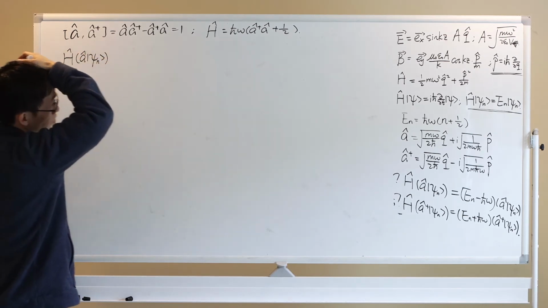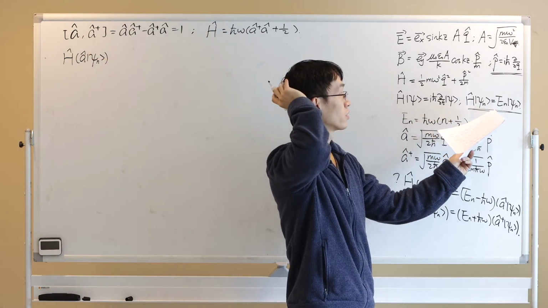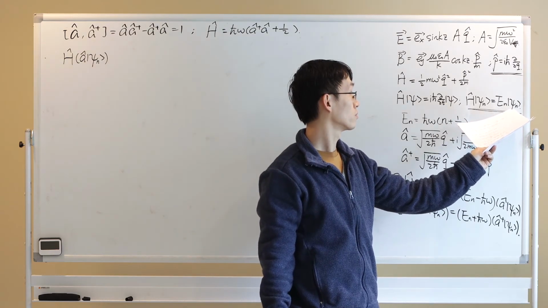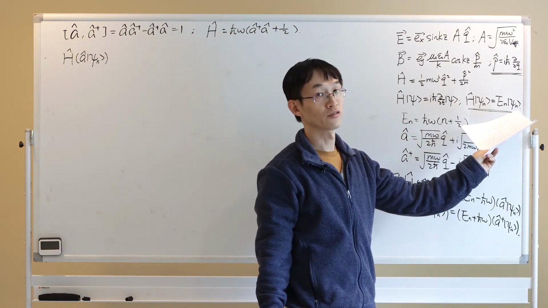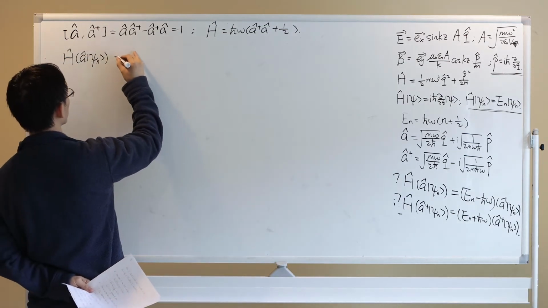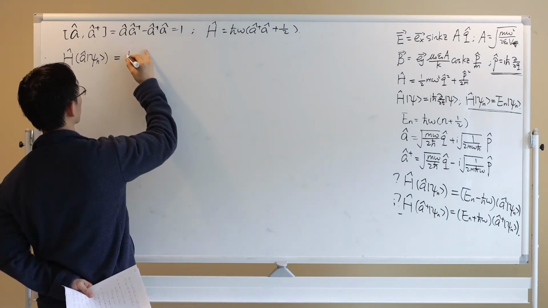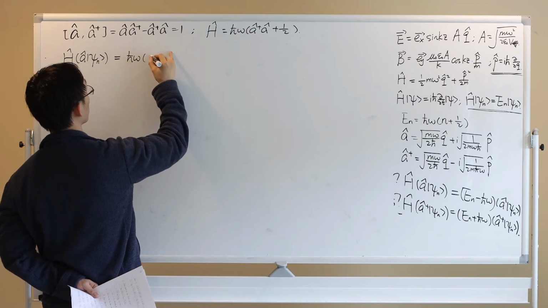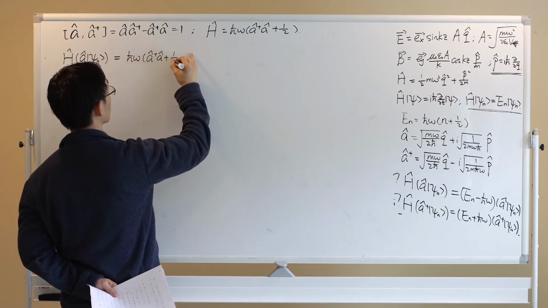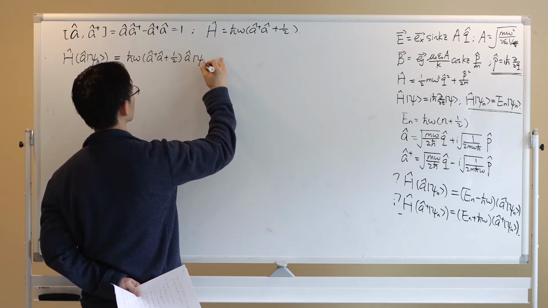When we do this, keep in mind that we can use H psi n equals E n psi n, the wave function itself. So then what you will have is h bar omega (a dagger a plus 1/2) acting on psi n.